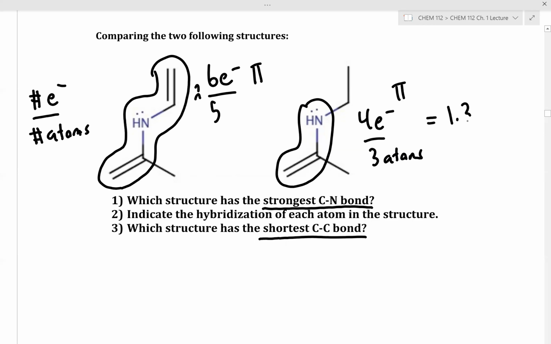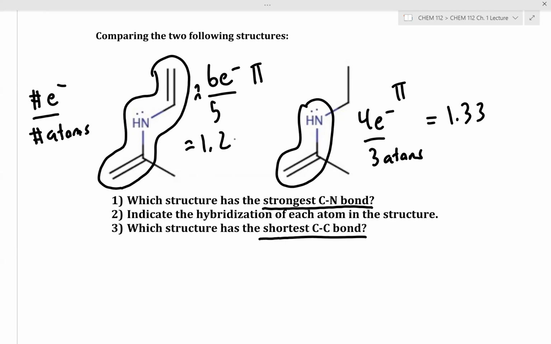And that gives me about 1.33 versus about 1.2. This is not an exact calculation of bond order, but it helps demonstrate the relative amount of electron density distributed in a given bond in a pi system.